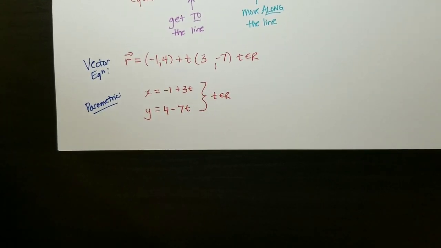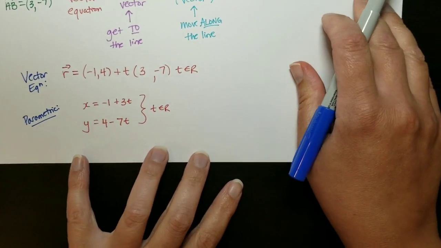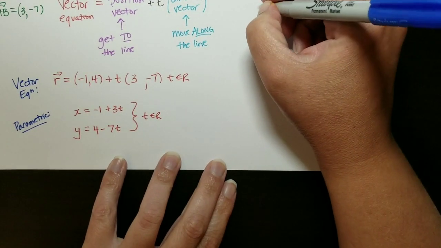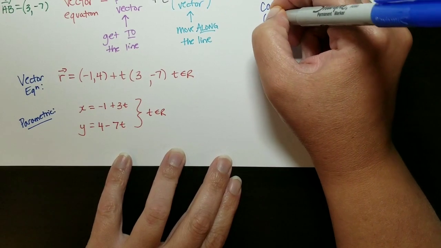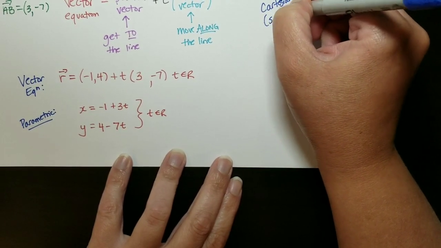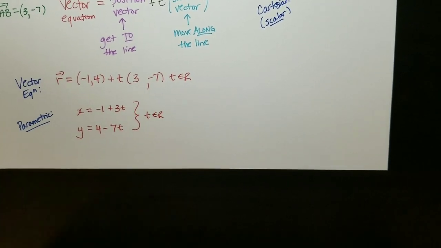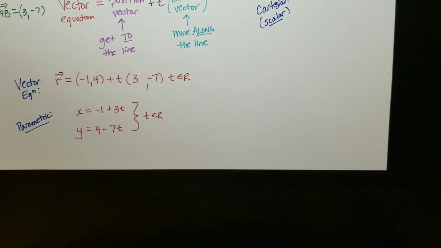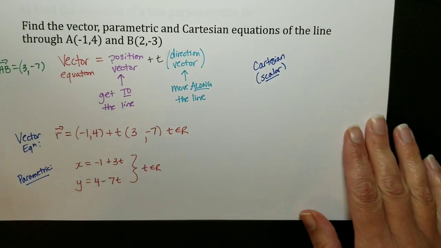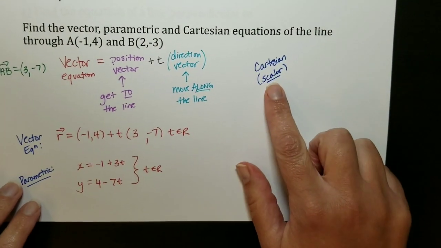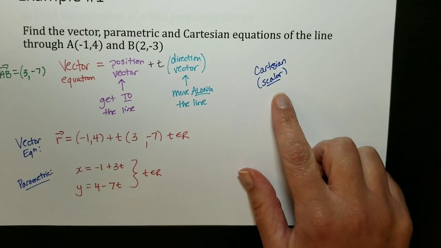The last equation, which we're actually going to get from the parametric, is the Cartesian. That's also called the scalar equation. It means the exact same thing. Now, you know how to find the equation of a line in that Cartesian form, because that's just our standard form, ax plus by plus c equals 0.